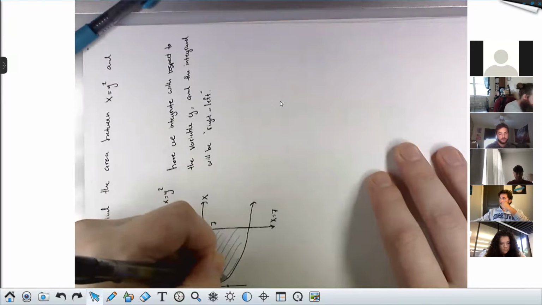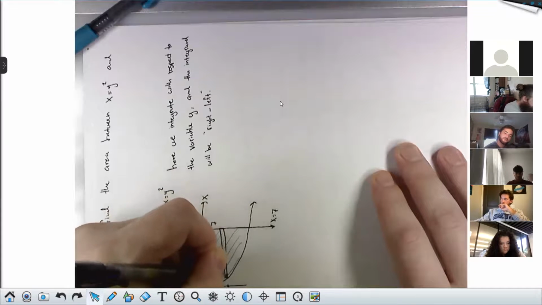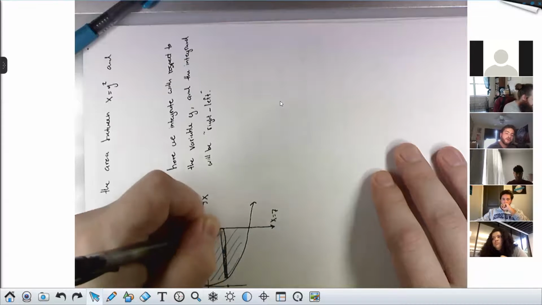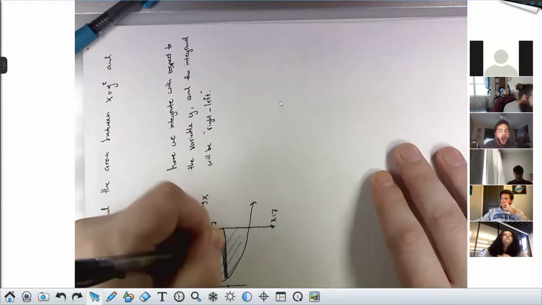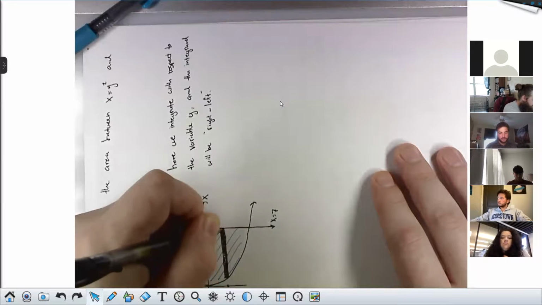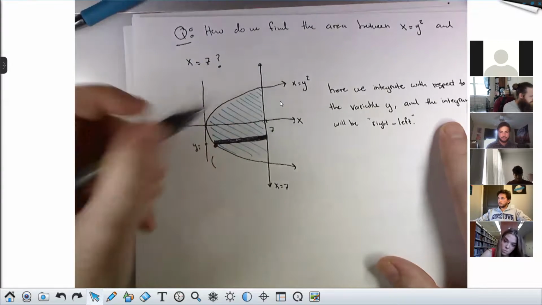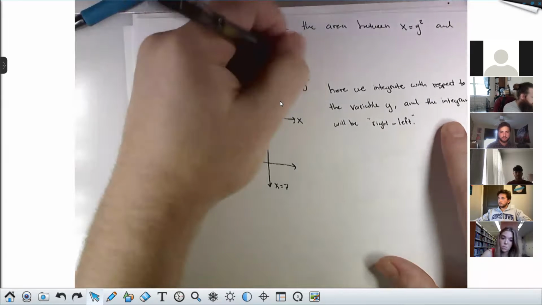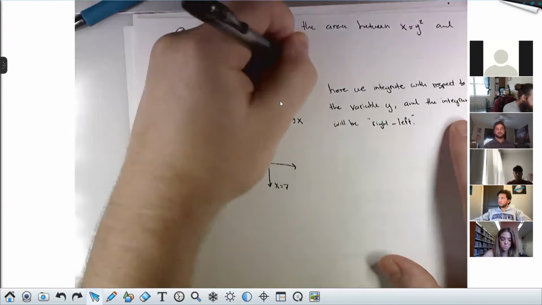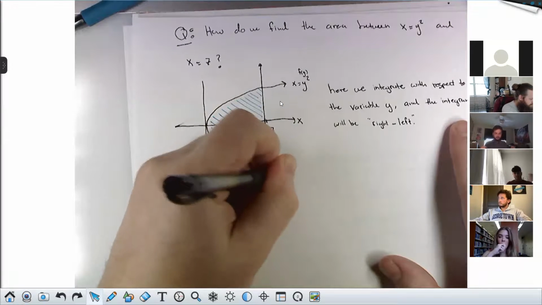Draw in the Riemann rectangle. Have that generic point. This point right here is, we call y squared f of y, and x equals 7, I'll call that g of y.